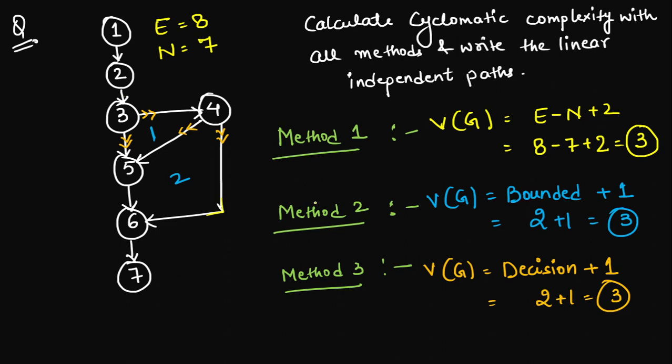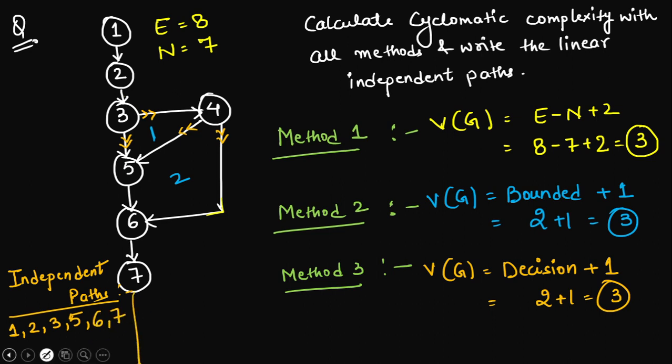So let's write the names of the longest independent or linearly independent paths. One is 1, 2, 3, 5, 6 and 7.